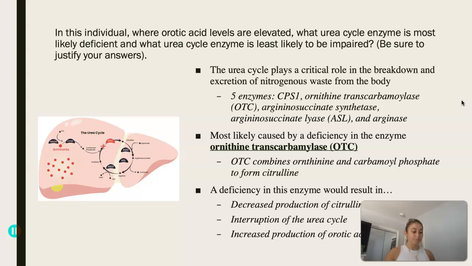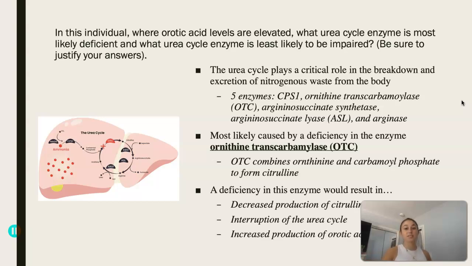So, being that the citrulline levels are kind of low and the uric acid levels are elevated, we can most likely resort to the deficiency in the enzyme being OTC. So OTC combines ornithine and carbamoyl phosphate to form citrulline.